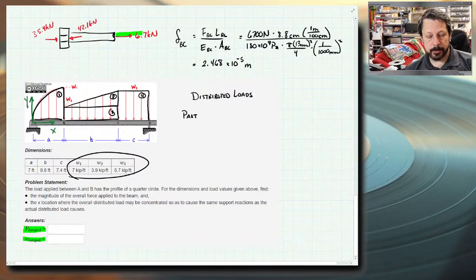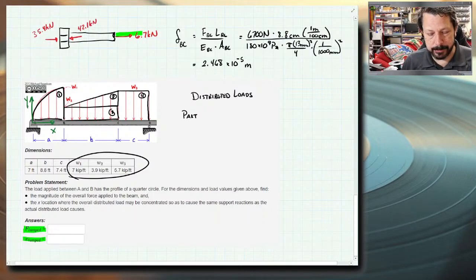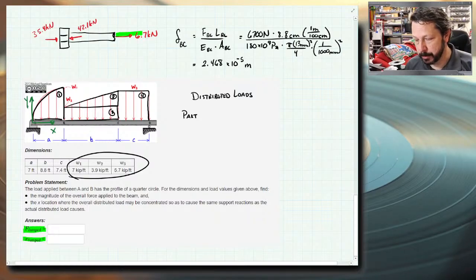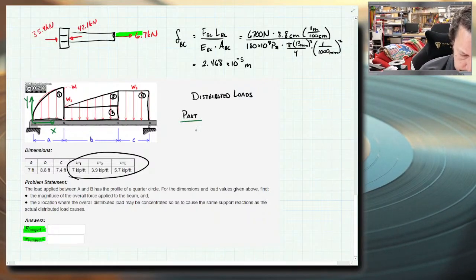I don't have to worry about the reactions at A and D because I'm not trying to solve for the reactions. I just want to find where I would concentrate this set of distributed loads into a single point, and what the magnitude of that single point force would be.